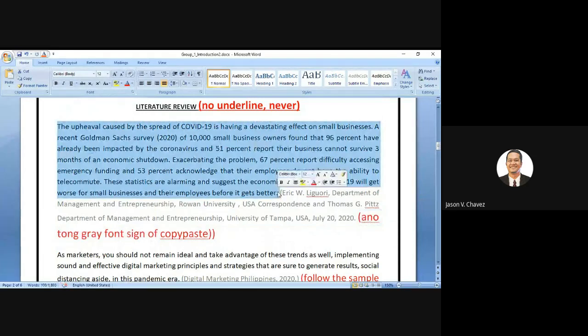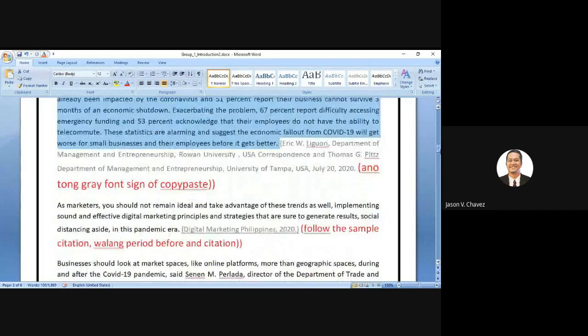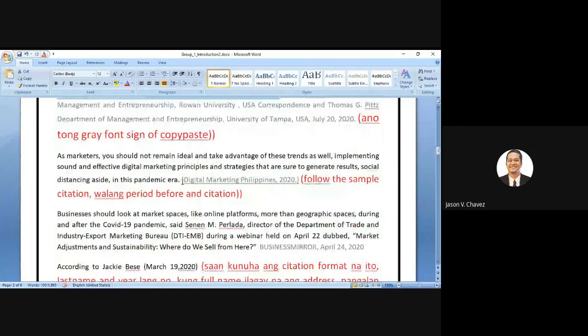Okay, not really no need, but you cannot plagiarize, no? Okay. And some other parts, yan, follow the sample of citation. So if you write punctuations, if it's in the parentheses, the period is after the citation, not before, no?